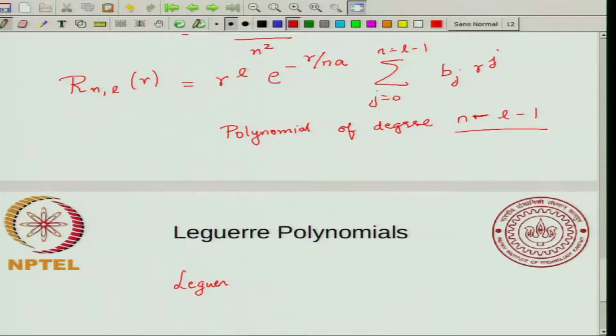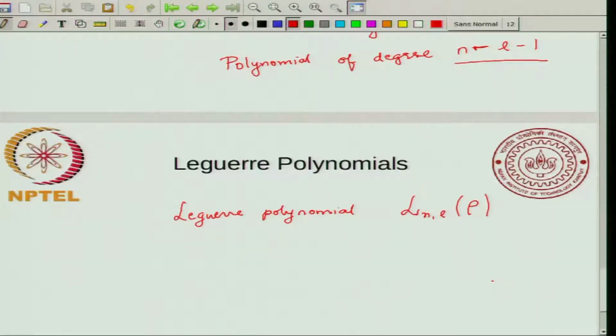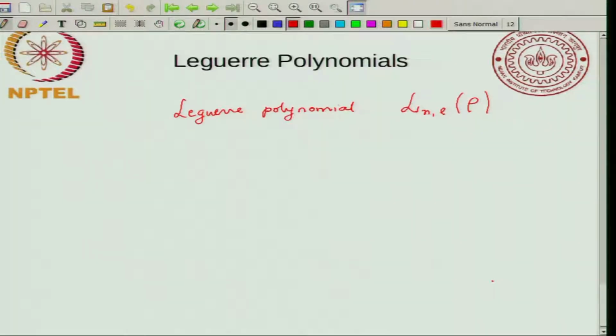Laguerre polynomial, L, and L depends on n and L, and the argument of L is actually rho, it is not r. Rho is just a constant multiplied by r. So rho equal to r by a for the hydrogen atom.